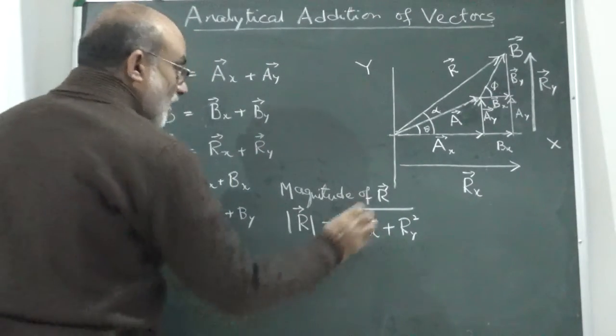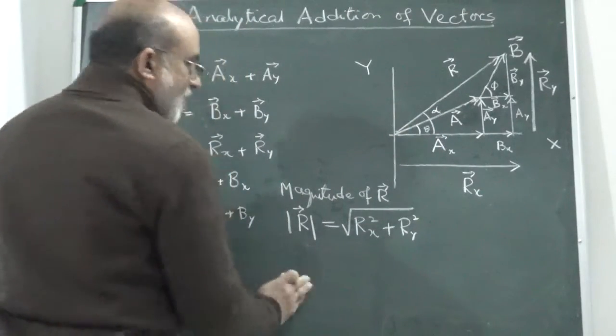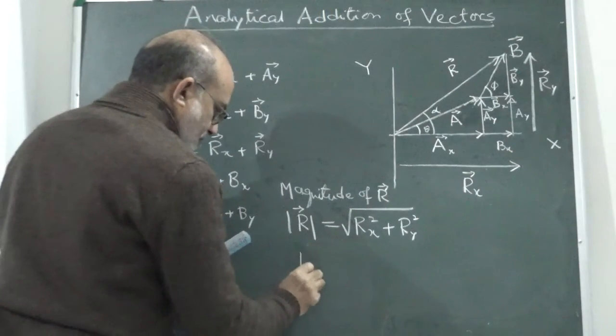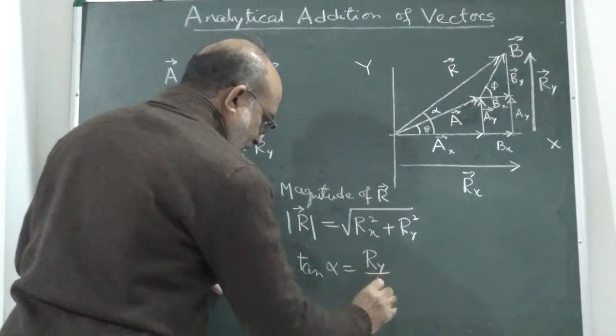So tan alpha, where alpha is the angle, will be given by Ry by Rx.